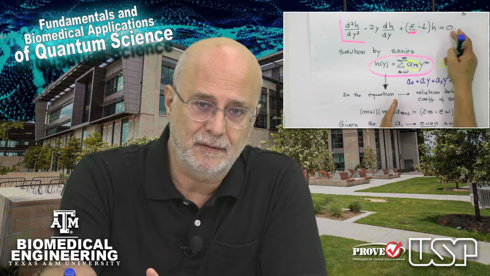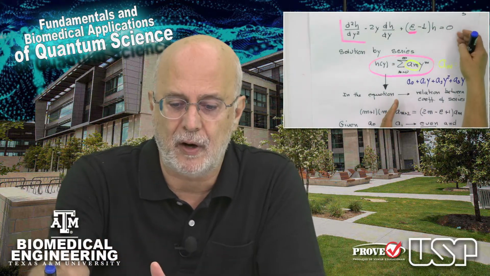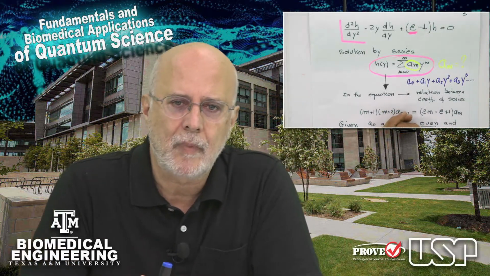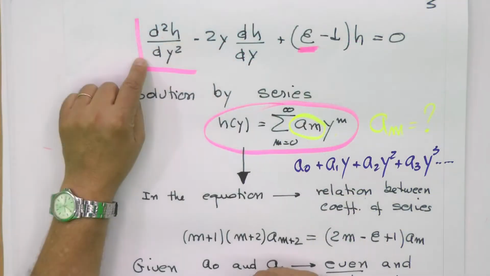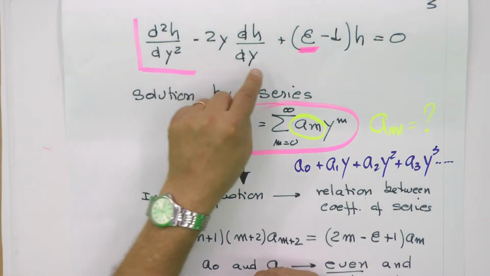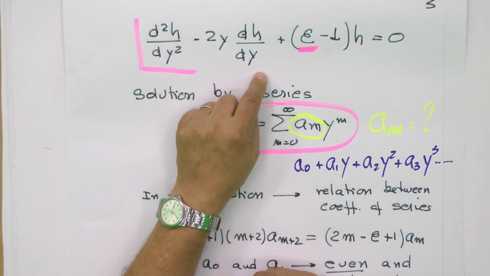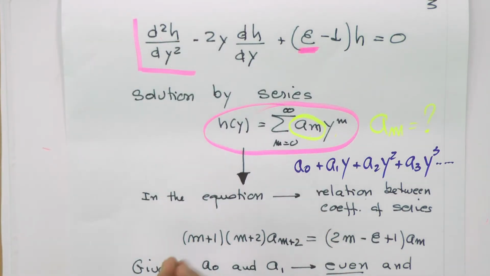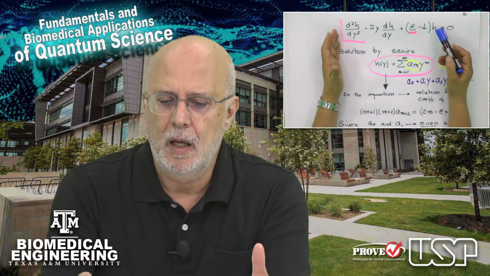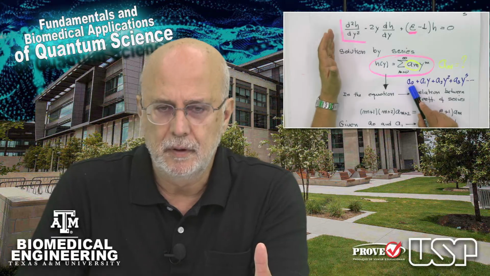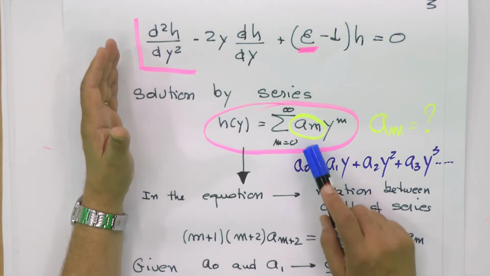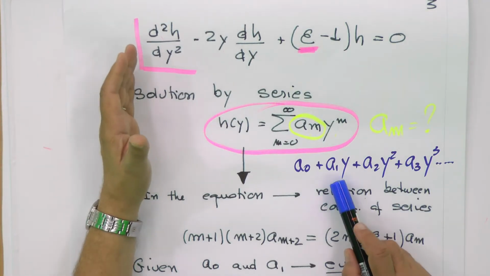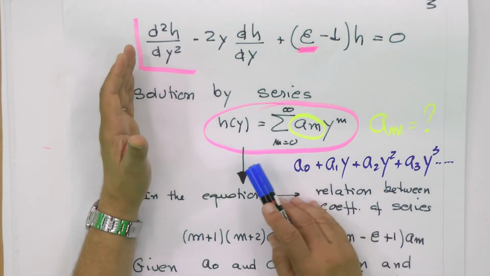To get 0 for any value of y, all the coefficients must be 0. So when I do that, I find a relation between, let's say, A0, A1, and A2. And then I find a relation between A1, A2, and A3, and so on.